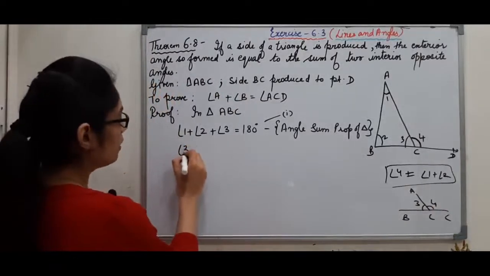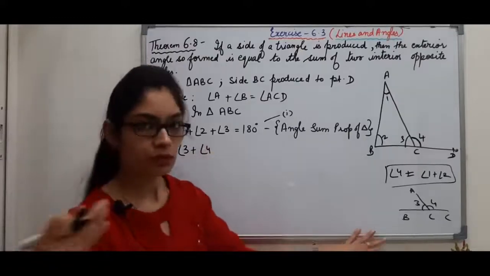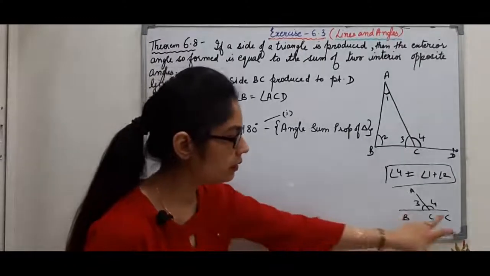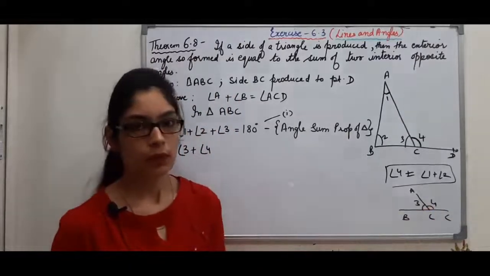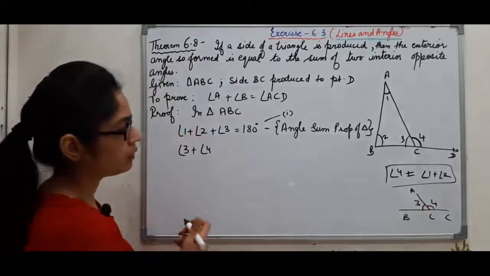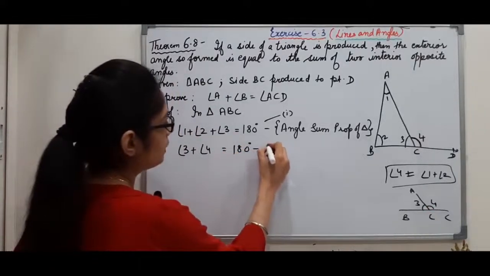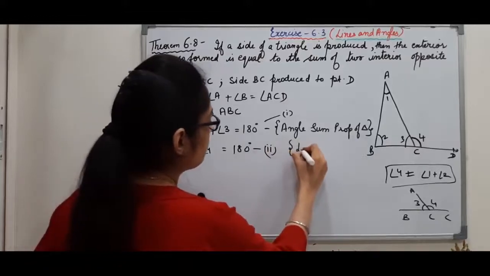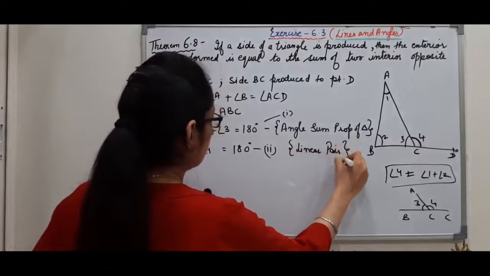We have used this thing so many times, and now it's clear that these two angles are forming a linear pair and their sum is equal to 180 degrees. So directly we can use the result. We can name it as point number 2, and we can mention the reason also, linear pair.